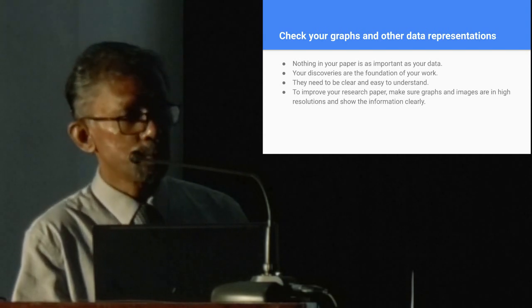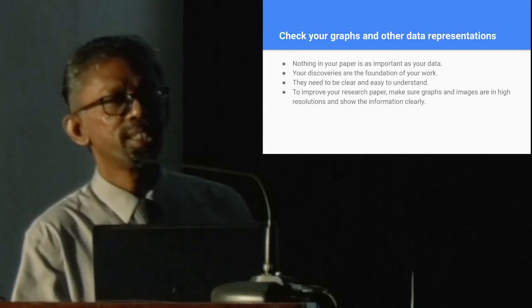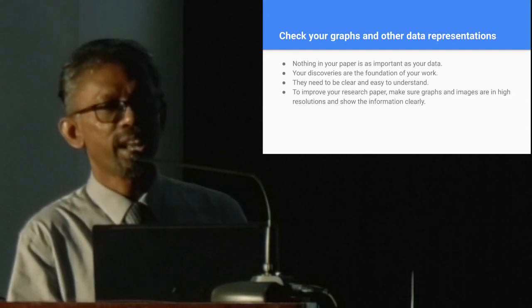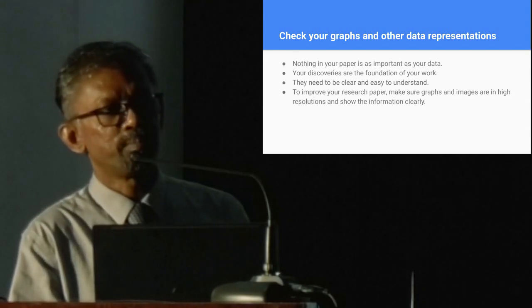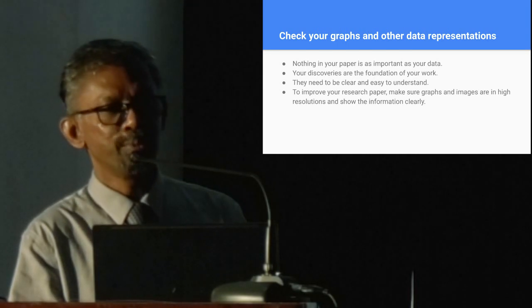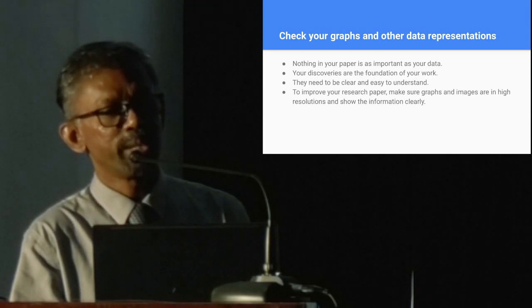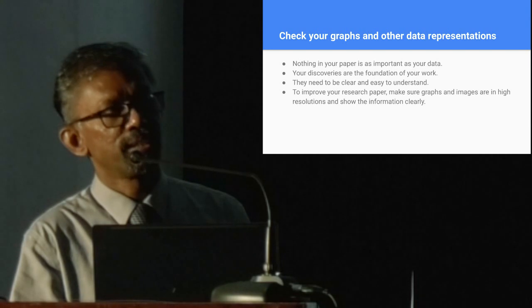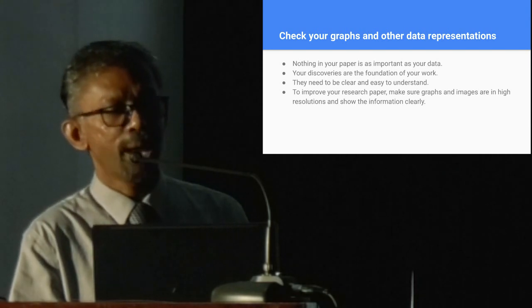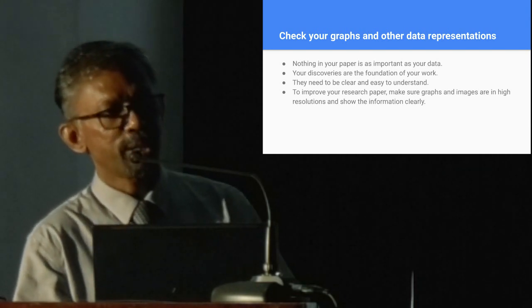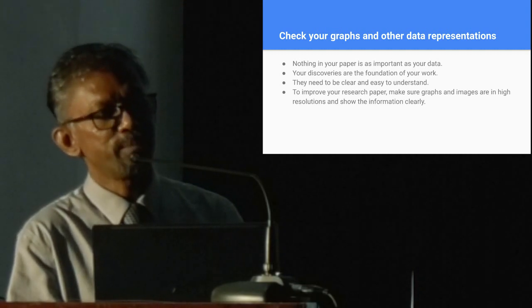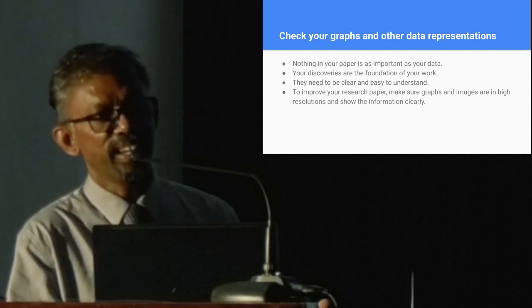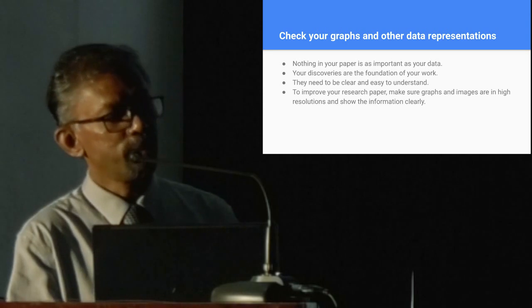So it is very important to have properly labeled figures. And also remember, nowadays most of the publications happen online. So you have now the luxury of using color to make your figures appealing. But at the same time, make sure if it is printed in black and white, grayscale, still it is readable and meaningful.